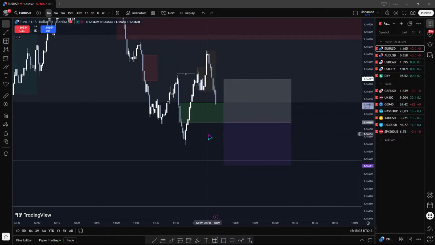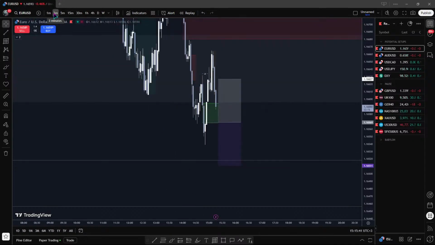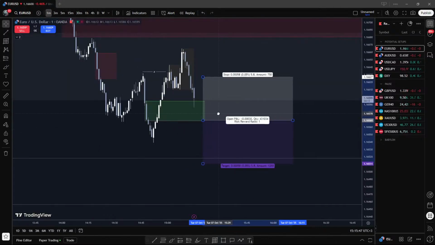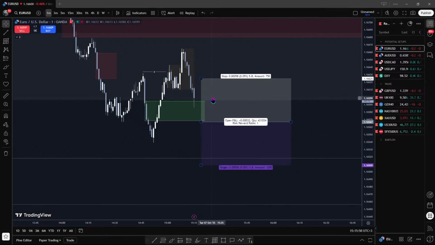This is a good initiation lower, but I do need to see that break. I don't think this 1 minute gap necessarily means much here. I think I just care about a 3 minute inverse here. Pretty much. Sadly, it's a very small idea, but it depends where we can place our stop loss as well.